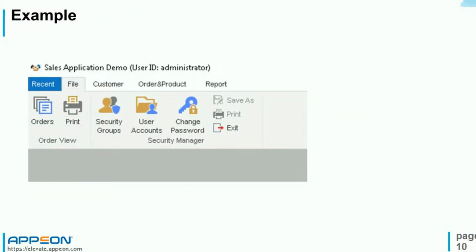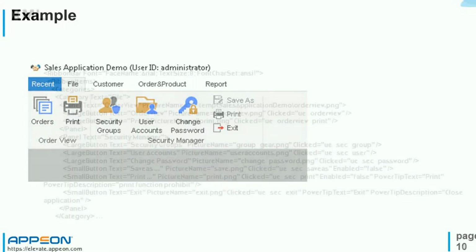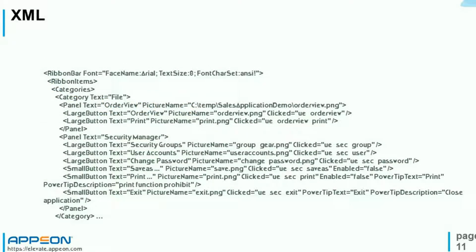And this is an example of the RibbonBar within the sales demo application. Fairly straightforward. This is some of the XML that's created by the RibbonBar Builder, and this is all standard things. You can see where you designate your picture objects, assets, and what method gets executed on a clicked event, those sorts of things.